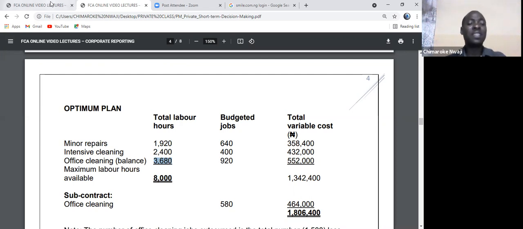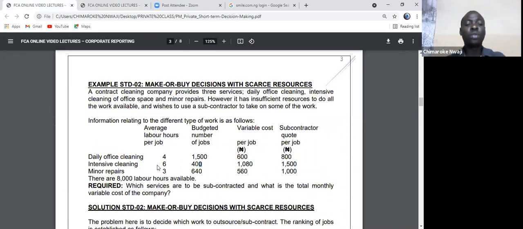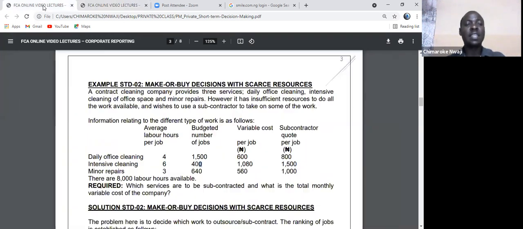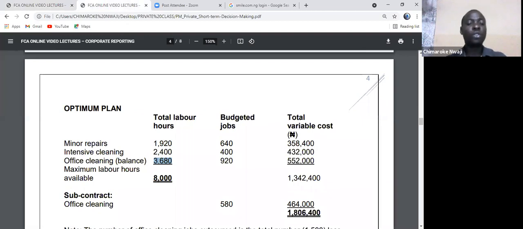So if you have insisted that you want to do the daily office cleaning, which is 4 hours multiplied by 1.5, to take you 6,000 hours, you can't do the whole 6,000. So you are left in doing daily cleaning of office that would take up to 3,680.